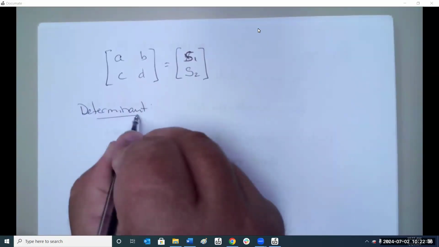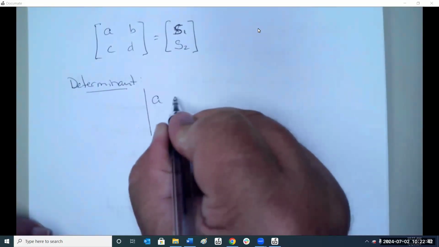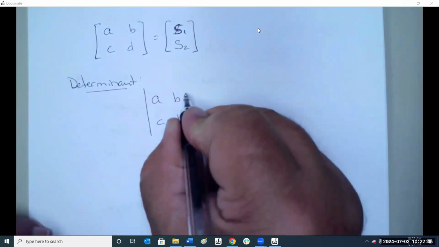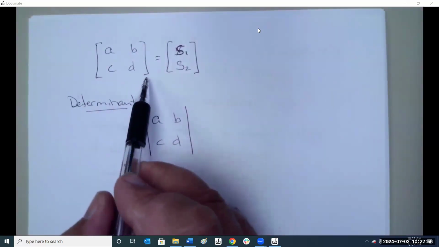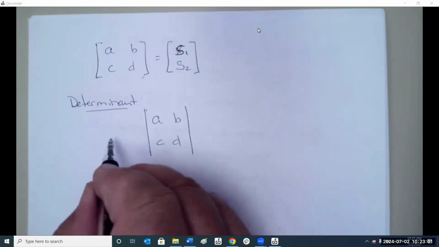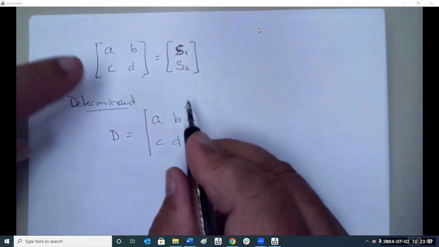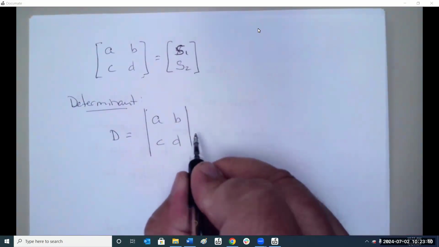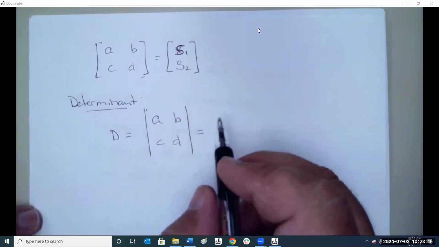The determinant: you notice we now use a different symbol. Remember, mathematics is a symbolic language. To represent a matrix, these are brackets. But when we calculate the determinant, which is capital D, we use what looks like absolute value lines. The way this is calculated, it's always by diagonals.